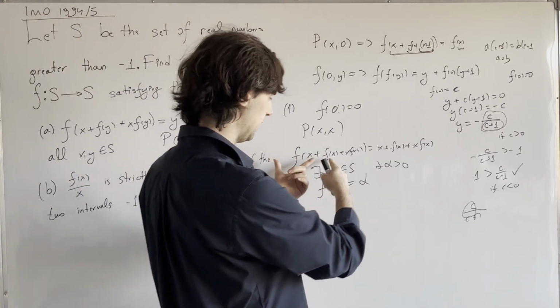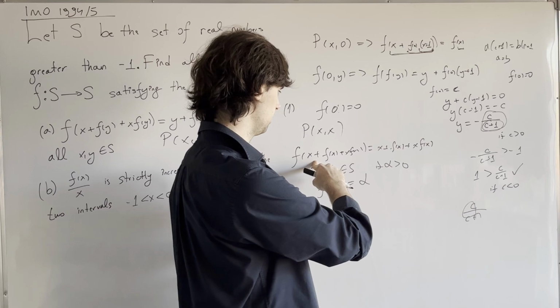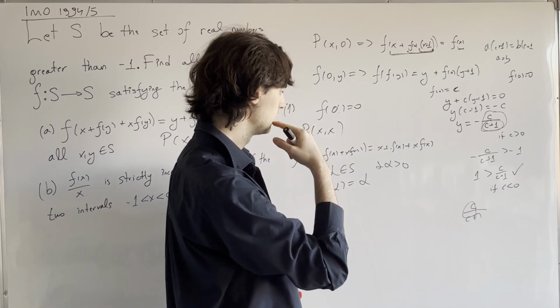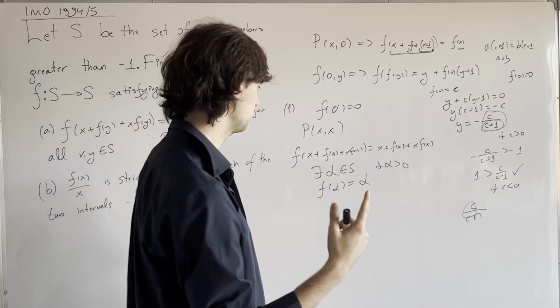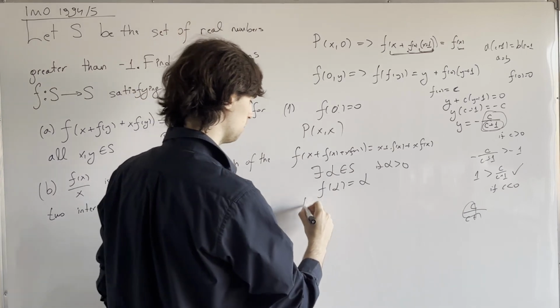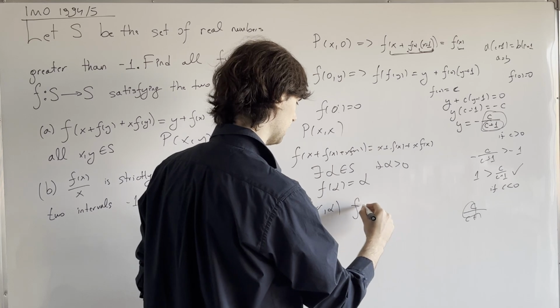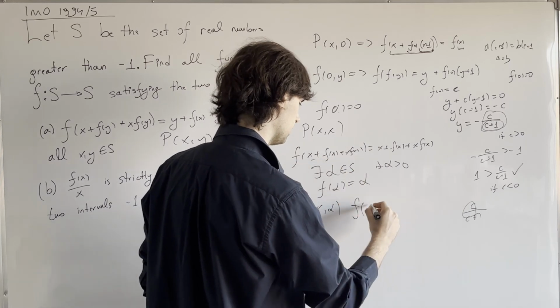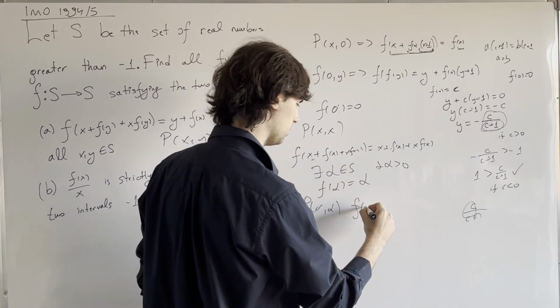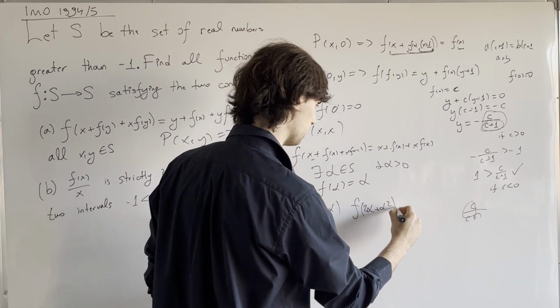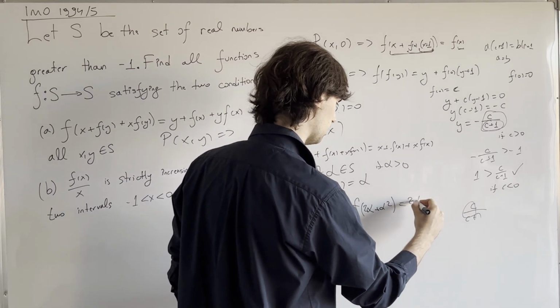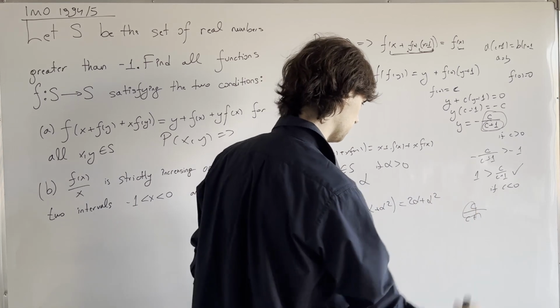It doesn't make sense to plug in alpha and alpha. Maybe it does, because, wait a second, if I plug in alpha and alpha, I'll get f of 2 alpha plus alpha squared is equal to 2 alpha plus alpha squared.